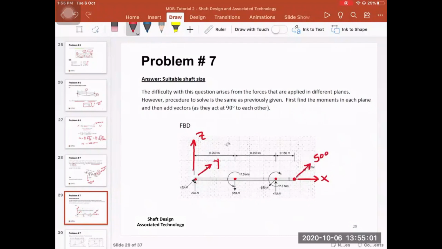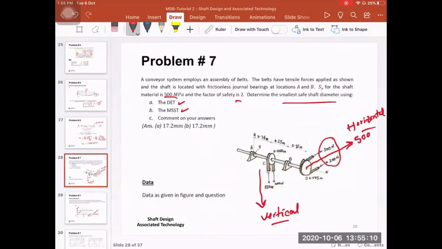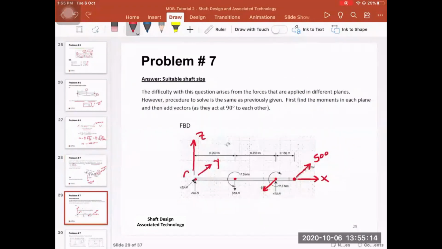In this case, we are going to have a horizontal reaction force at this point. Let me just label it: A, B, C, and D. So we have A here, then we have B, we have C in the middle, and we have D here, okay? So you will have a horizontal reaction force at B, and another horizontal reaction force at A, okay? So reaction force at A in the horizontal direction, and reaction force at B in the horizontal direction, okay?